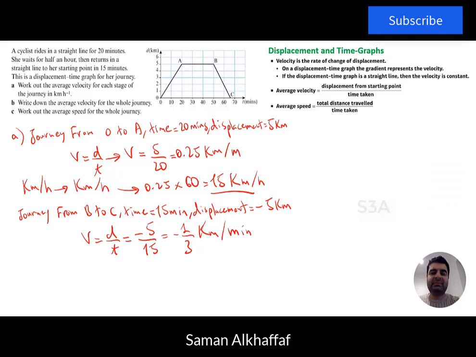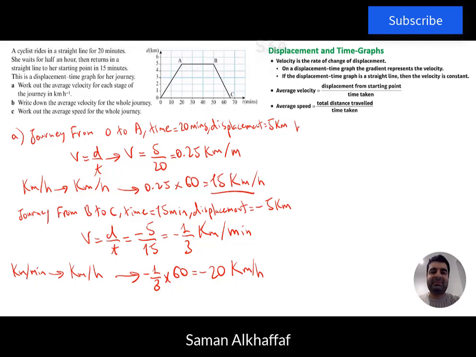Now if we want to change it to kilometers per hour, that will give us minus a third multiplied by 60, so that would give us minus 20 kilometers per hour. So that will be our answer for part A.